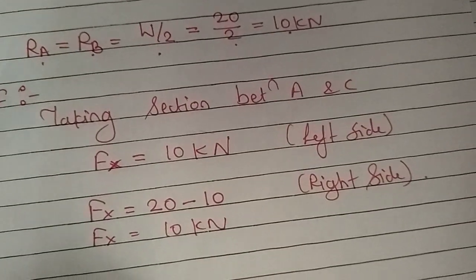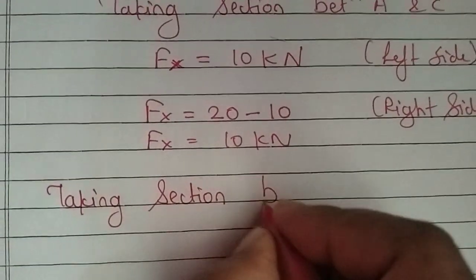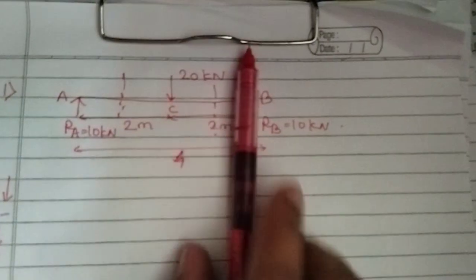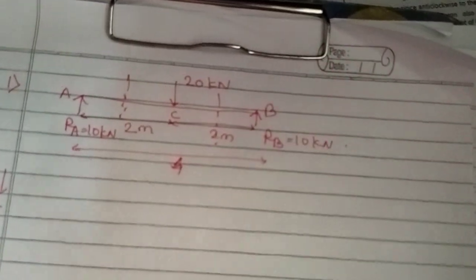Now we'll take the section between C and B. So we'll consider this section. Here also either consider the right side or consider the left side. So we'll consider the right side as there is only one force.